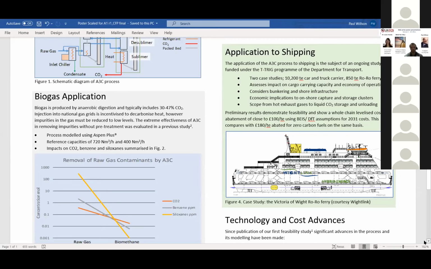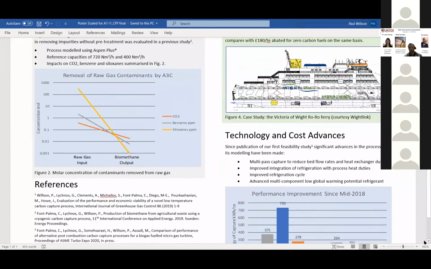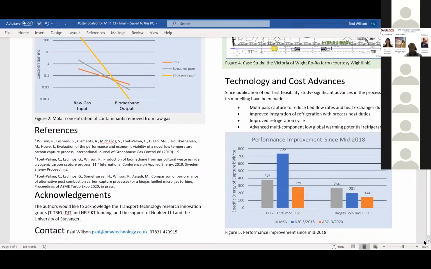In the background to all this work that we've done, we've made significant technology and cost advantages, as you can see in the bottom right here. These include process improvements, but particularly better integration and better design of our refrigeration system. This now includes a multi-component refrigerant with low greenhouse gas potential. The graphic illustrates the improvements we've made since the 2018 report.